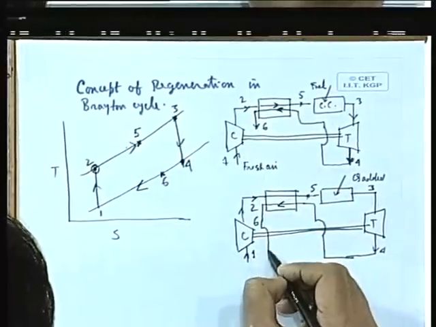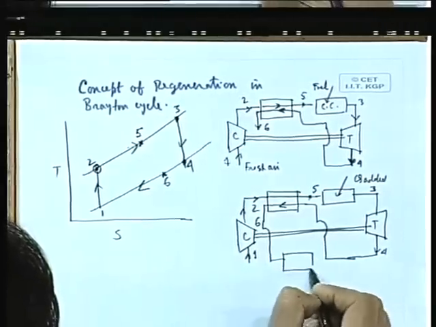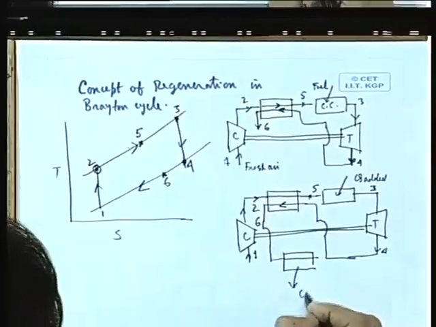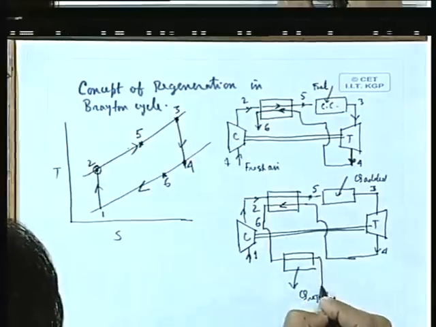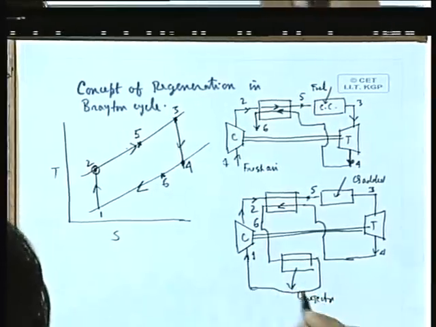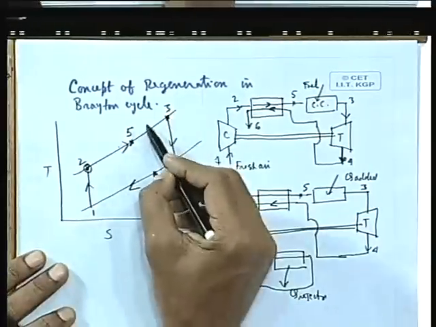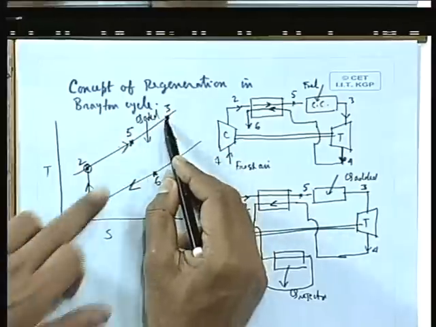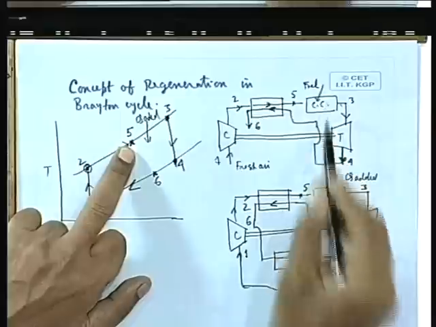Rather, now this is being cooled, here the Q is rejected by the external heat sink, and then this is going to the compressor, which means that the external heat is added only in the temperature range 3 to 5, that means to increase the temperature from 5 to 3.